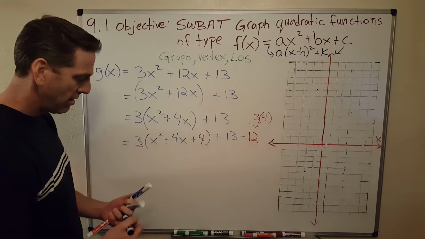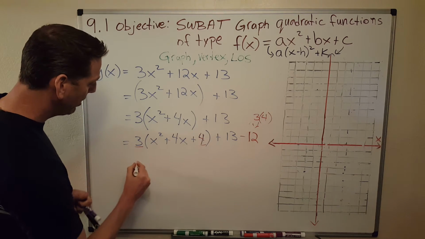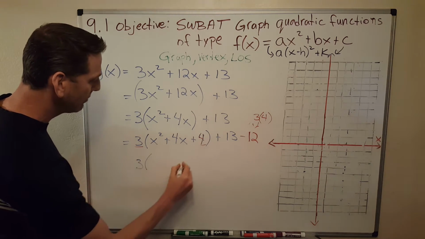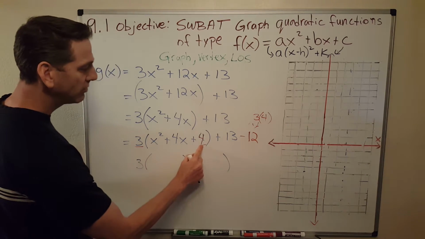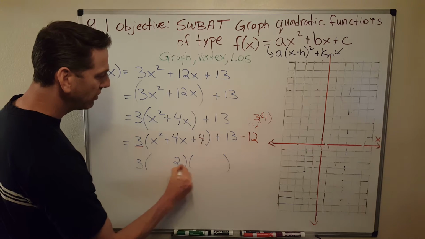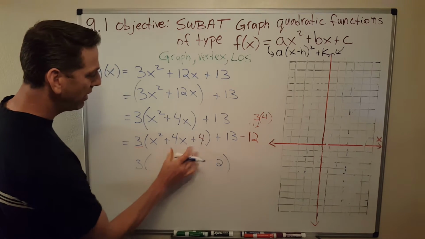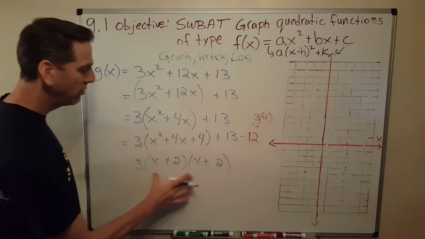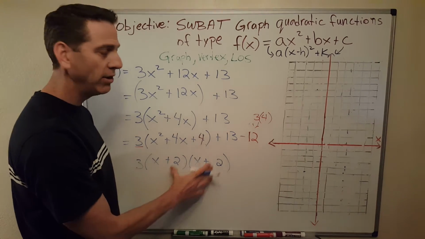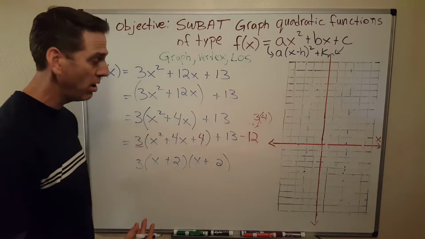And I know that that is going to end up with as 3 times, okay? Square root of 4 is 2, so I know that's going to be 2, and they're both positive. So it's going to be x plus 2 times x plus 2. All right, you can do the AC method on that if you want.